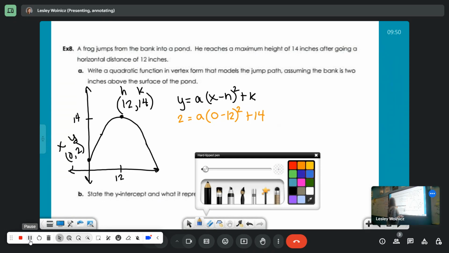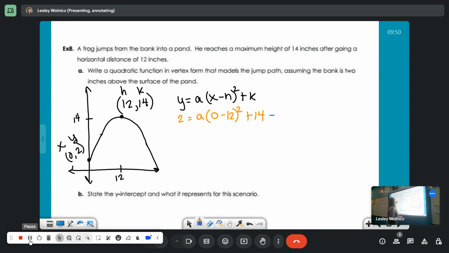All right, if I subtract away 14 from both sides, the 2 is positive, I get a negative 12. If I square 0 minus 12, which is negative 12, I get 144. So my A is getting multiplied with 144. I can divide both sides by 144.